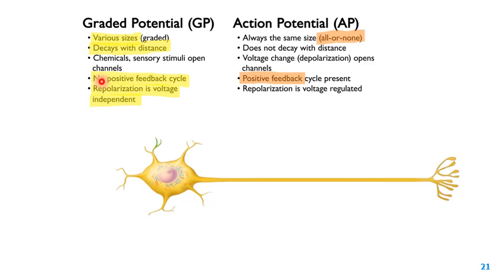That positive feedback would give the characteristic of all or none, and these guys don't have the all or none business. And also the repolarization at the membrane is not really dependent on the voltage right after that graded potential. Okay, so those are the comparisons on how you distinguish what is a graded potential and where it's happening in comparison to the action potential.